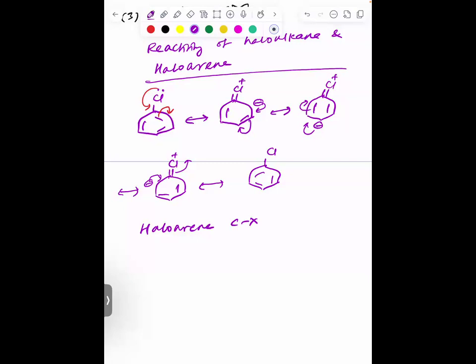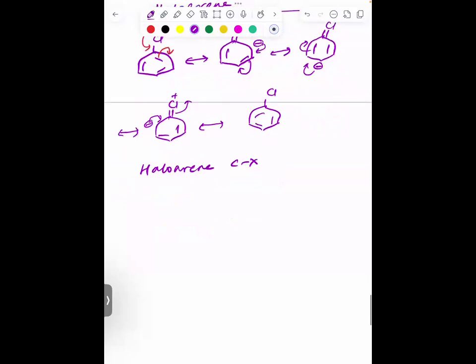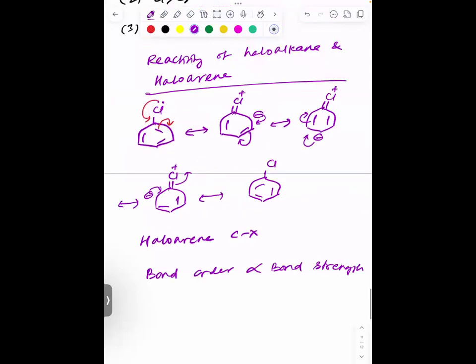Now you know bond order is directly proportional to bond strength. Yes or no? Bond order is directly proportional to bond strength. So the bond order is higher in haloarene as compared to haloalkane. The more the bond order, the more the bond strength.